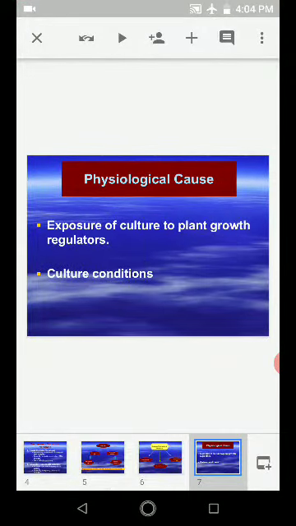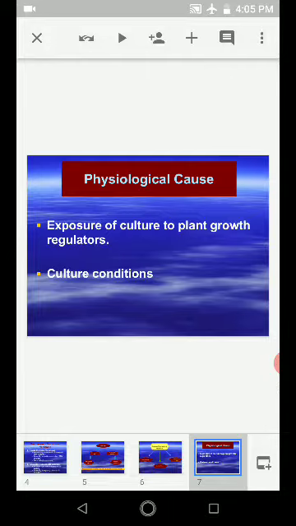Now, physiological causes. So, what are the physiological causes? Exposure of culture to plant growth regulators and culture conditions. Please remember that we perform all the activities of tissue culture under very controlled conditions that we feel are suitable for plants.